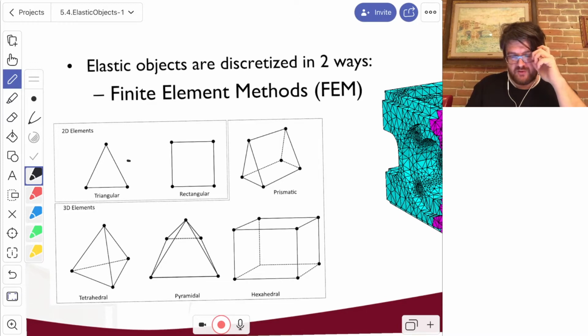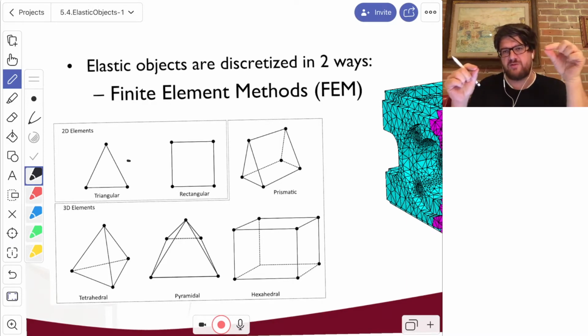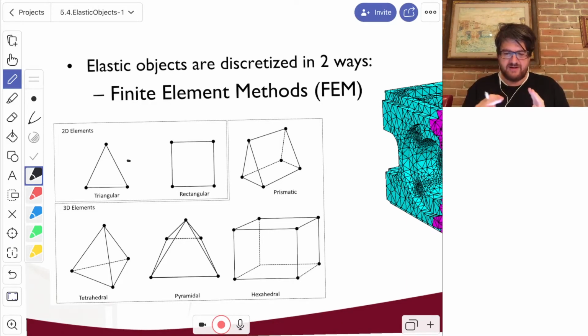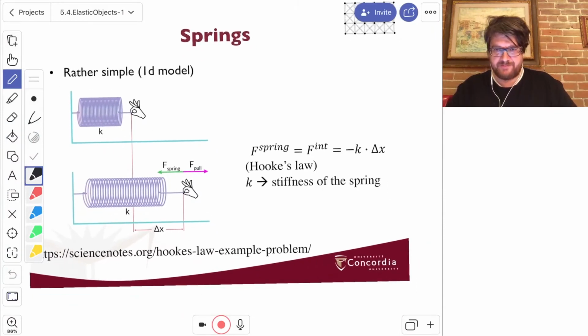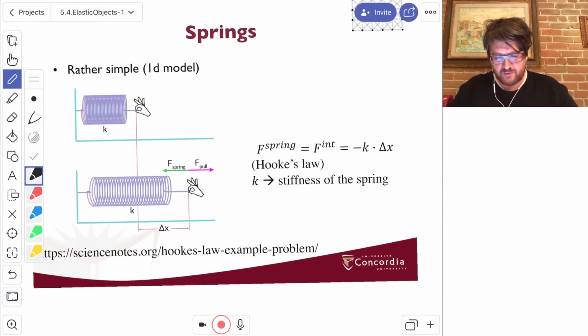And so these are essentially a generalization of springs in 3D. So the spring kind of stretches in one direction. In finite element methods, these elements in 2D or 3D can stretch in multiple directions. So it's literally a generalization of springs. So let's go back to our simple yet quite used spring model.